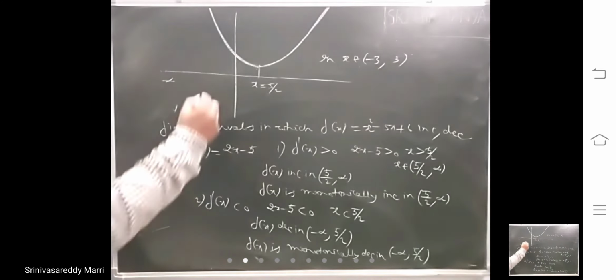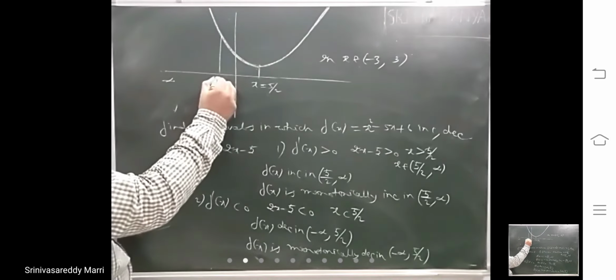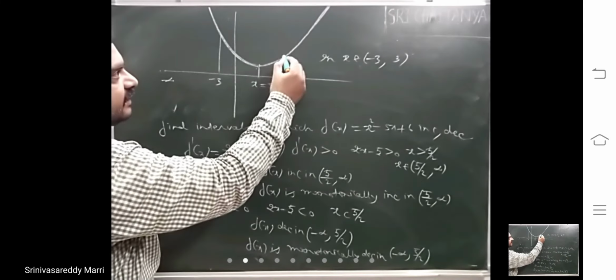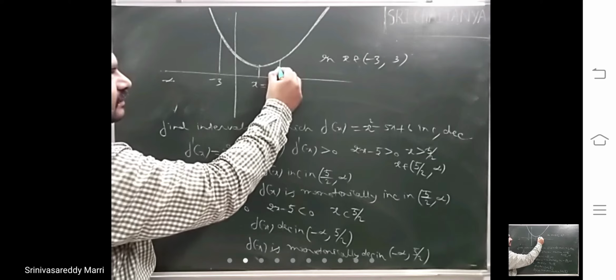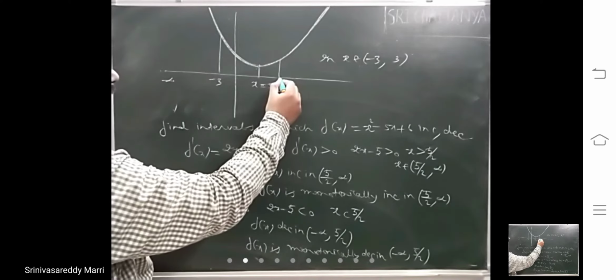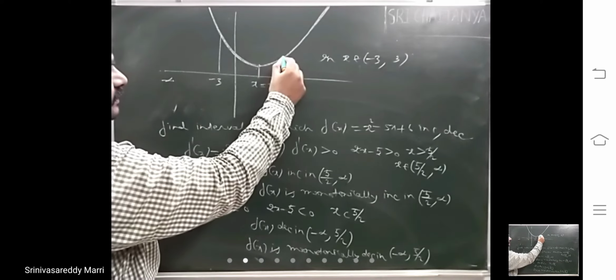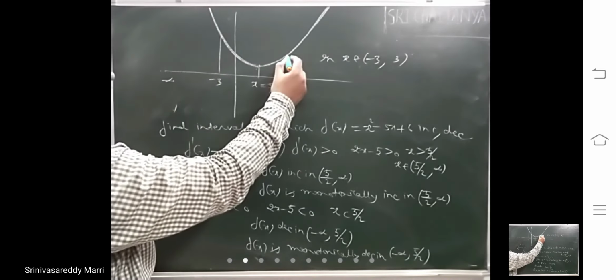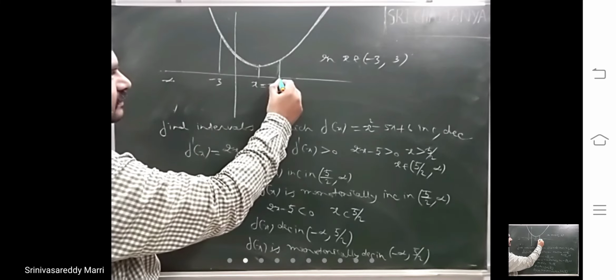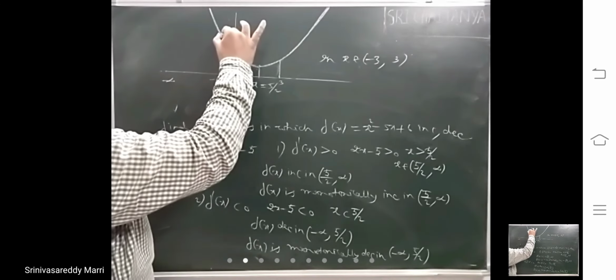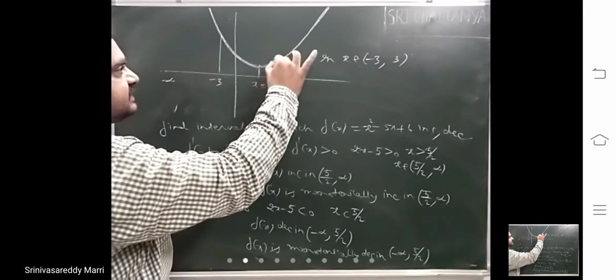Minus 3 is here, 3 is here. This is 2.5, this is 3. So look at minus 3 to 3, the graph is this.